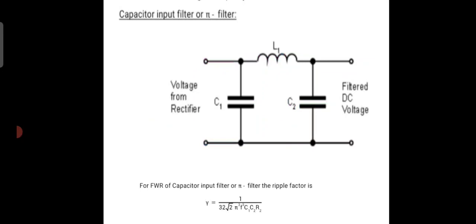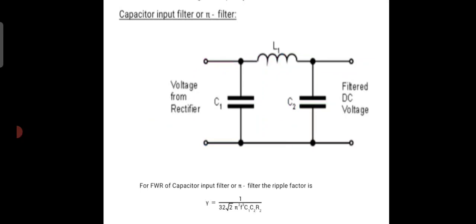Then at the capacitor C2, again the smaller portion of AC signal is going to be taken by the capacitor C2, leaving behind only the DC signal across the load resistance.